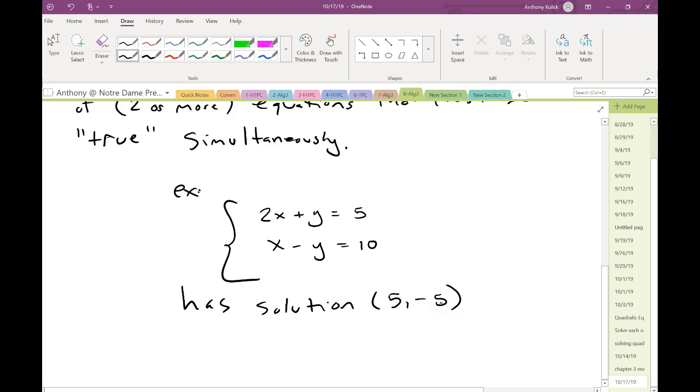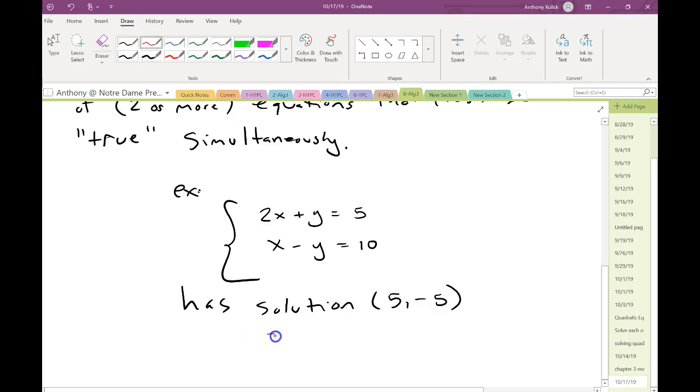So, for example, yes, Brady? Sure. This system, 2x plus y equals 5 and x minus y equals 10, has the solution 5, negative 5. Why is that a solution?